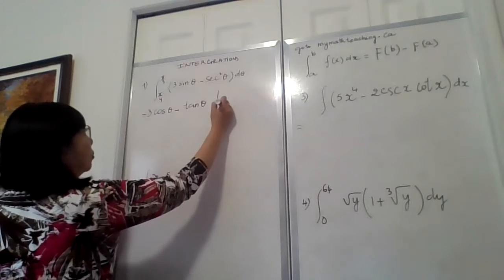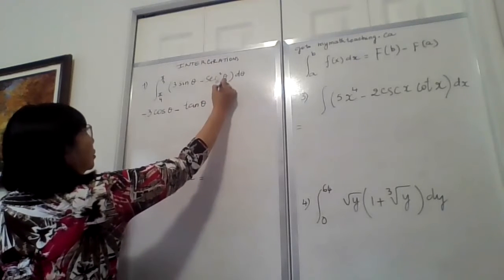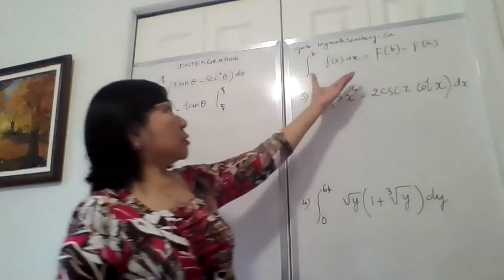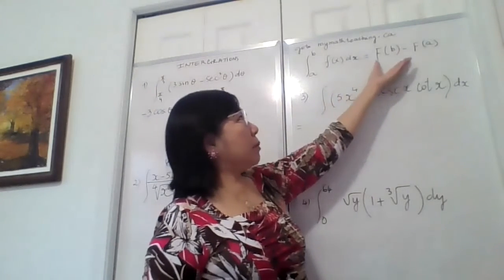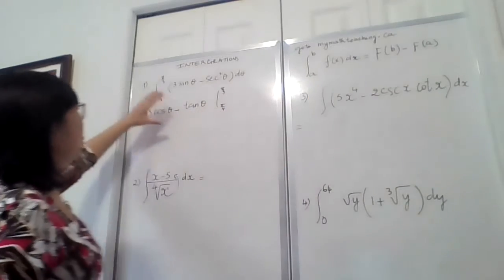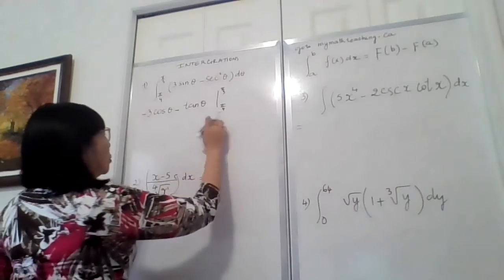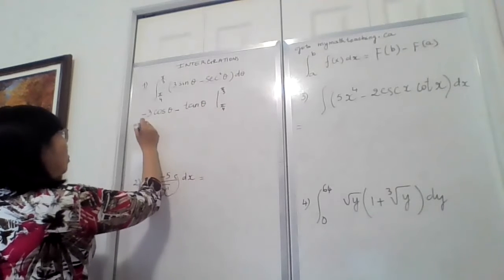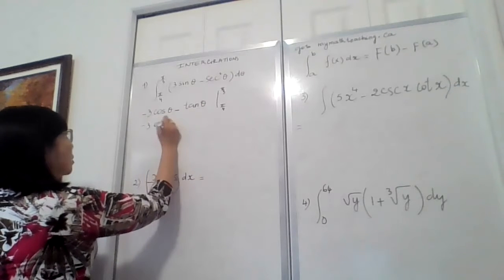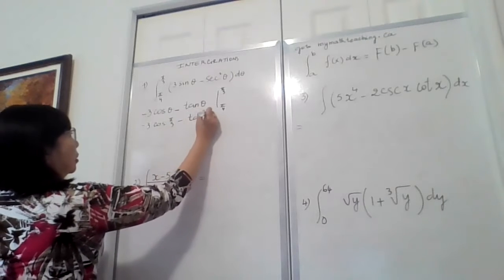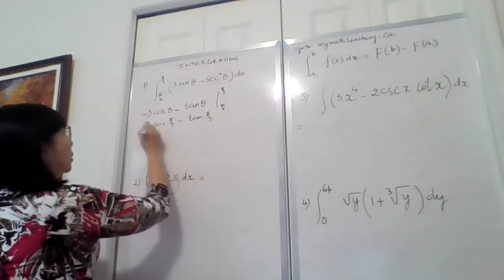And we have an angle of pi over 4 on the bottom, and pi over 3 on the top. Remember, we use this F of b minus F of a. That is what we learned yesterday. So now we do exactly the same thing. We substitute the angle theta by this angle. We have minus 3 cos of pi over 3 minus tan of pi over 3.